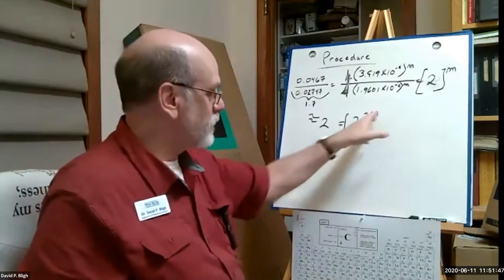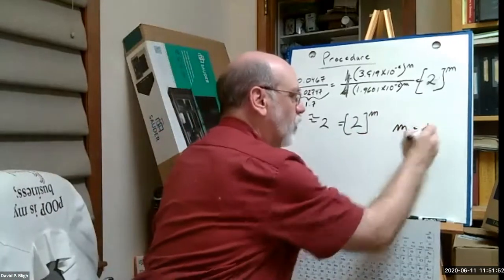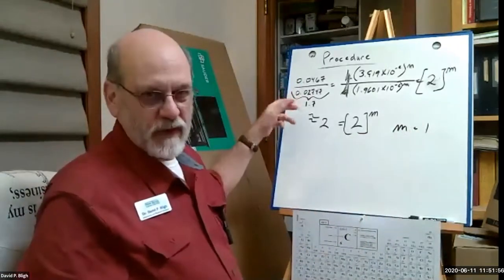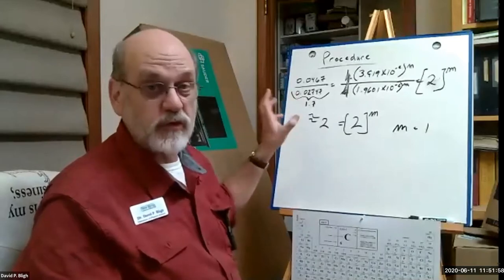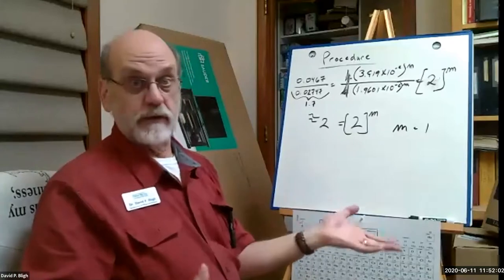Right? 2 to the first power is 2. So in that case, m equals 1. Okay? So it works better if your ratio here is closer to 2. If it's like 1.95, sure, call it 2.